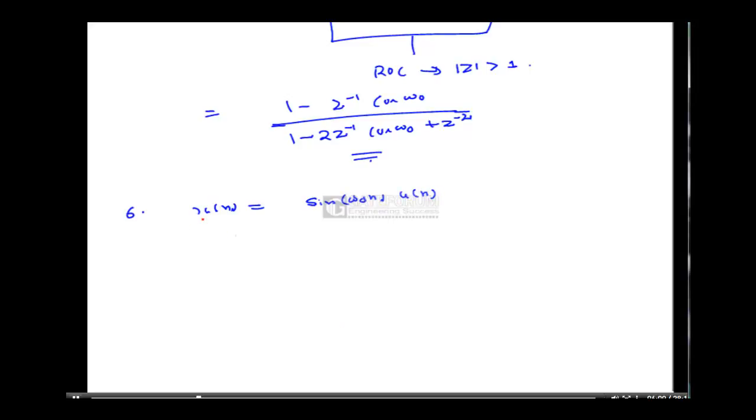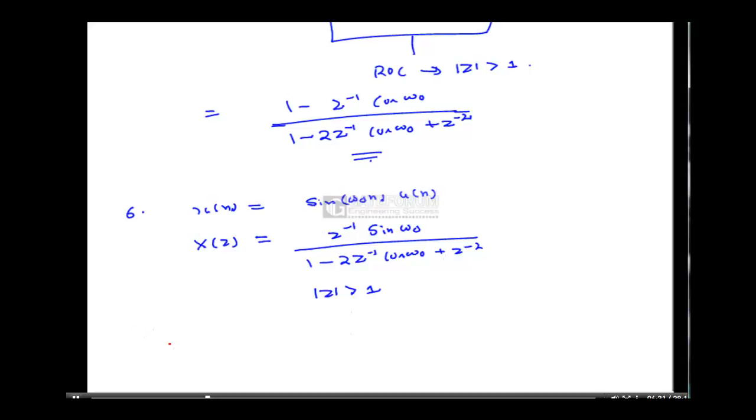For this, I'll write first the Z transform, which is equal to z inverse sine omega naught upon 1 minus 2 z inverse cos omega naught plus z to the power minus 2. Here also mod z is greater than 1. Okay, so this is the case. We will solve for this also.